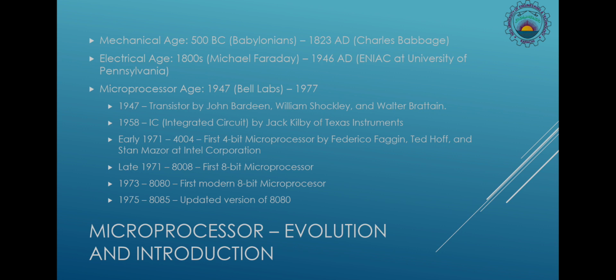In the mechanical age, Babylonians invented the abacus, a mechanical calculator used to perform calculations by using a string of beads. Then in 1642, Blaise Pascal designed a calculator, a mechanical calculator that performed calculations by using gears and wheels.